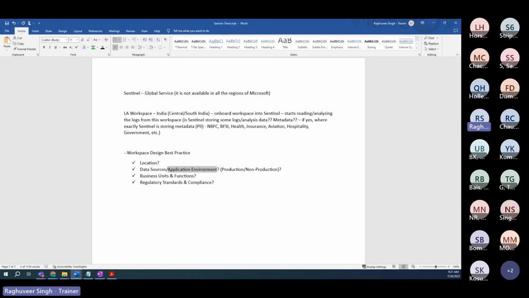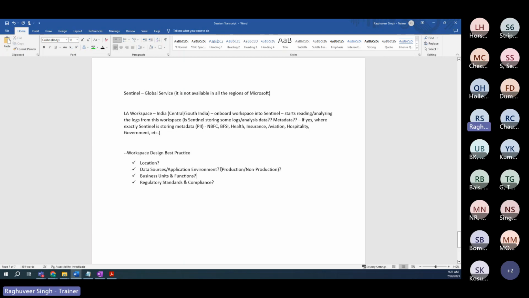That's another requirement that you want to understand. And based on this, for example, I have the majority of my data sources in cloud, or I have the majority of my data sources on-premises, or I have a combination of it. Then accordingly, you will identify how you want to design your workspace.